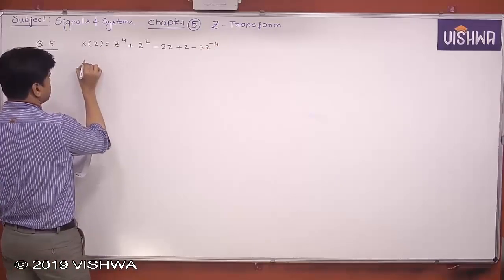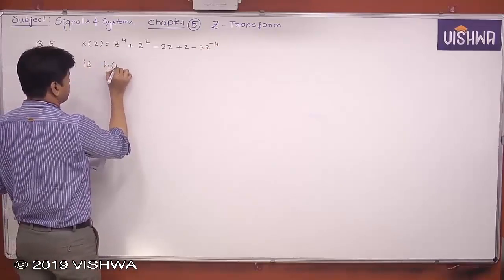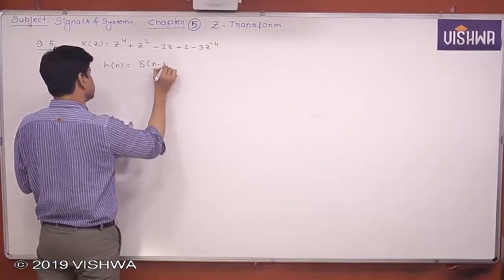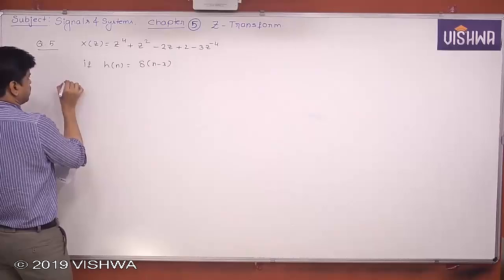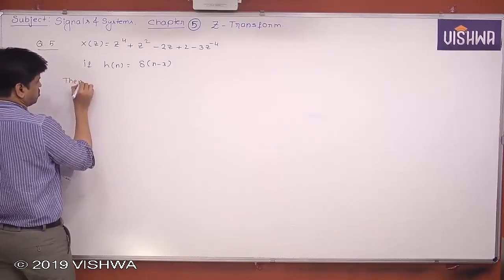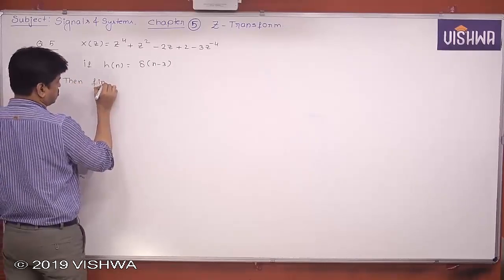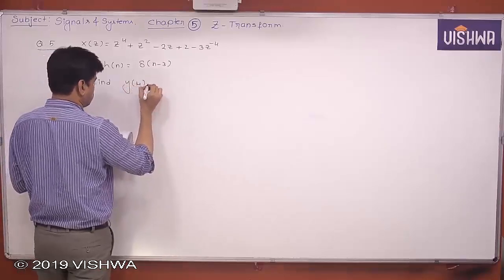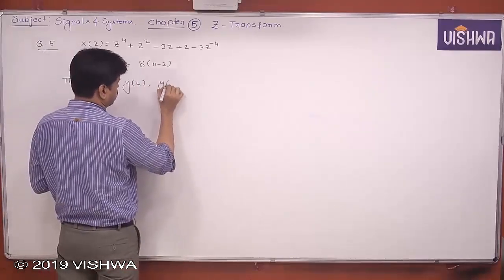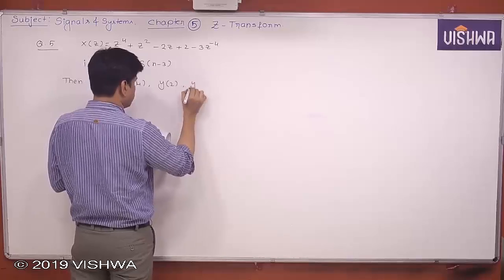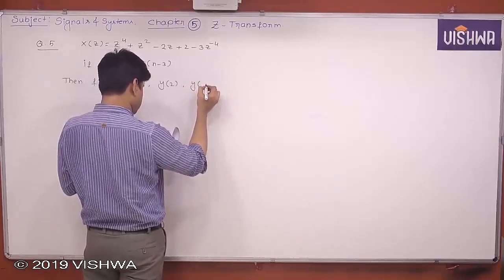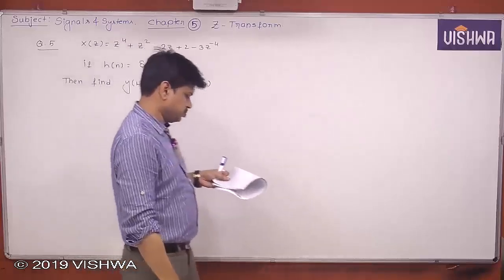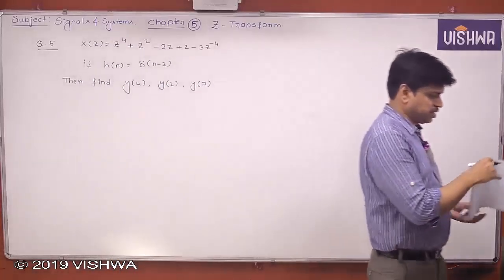If h of n is equal to delta n minus 3, then find small y of 4, y of 2, y of 7. These things we have to calculate.